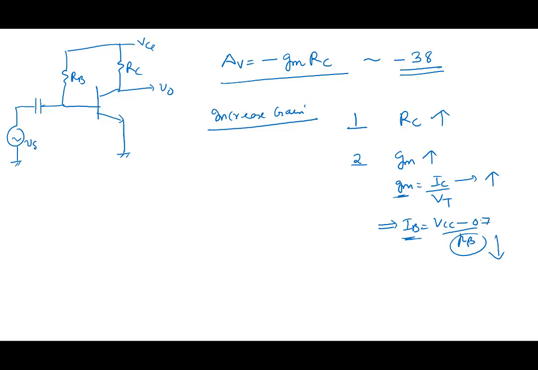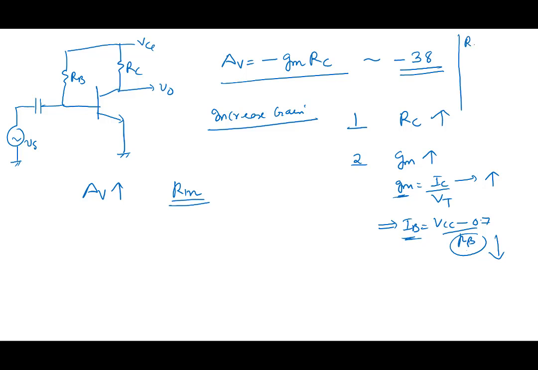So let me ask then the following. Fine. If AV increases, okay, let's look at the first strategy. AV increases. Does anything happen to Rn? Input resistance. Remember what was Rn for this? Let's write down.